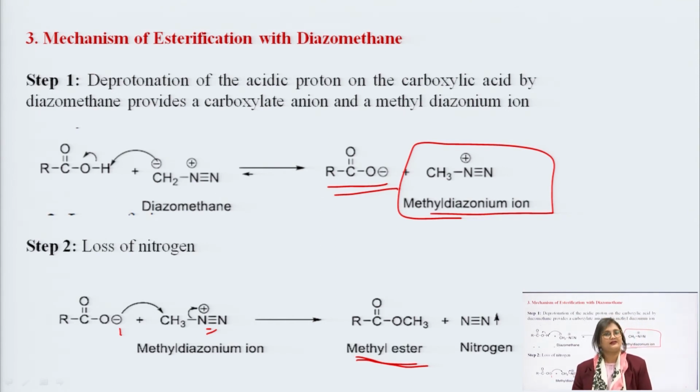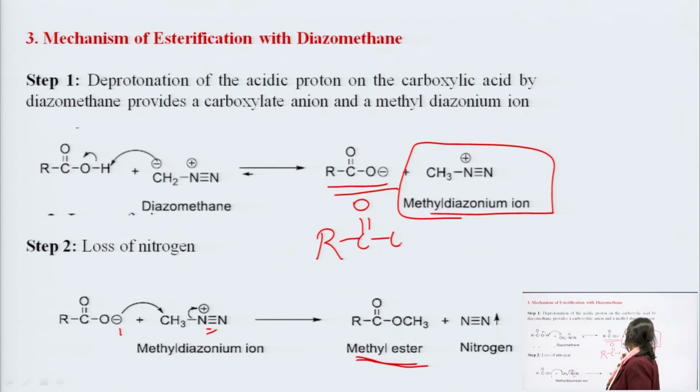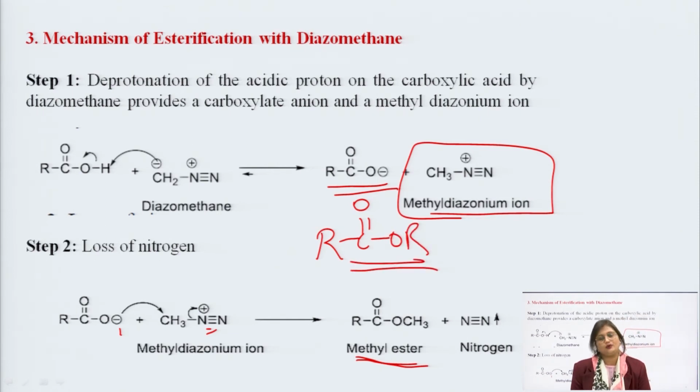So, what is happening in this reaction? The reaction of carboxylic acid with diazomethane leads to esterification of the carboxylic acid, forming RC double bond OR. Esterification of the acid with the help of a base, for example diazomethane.